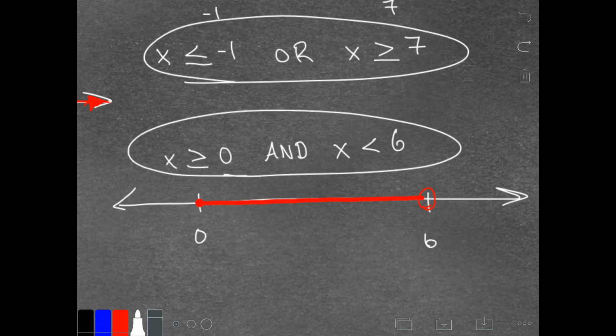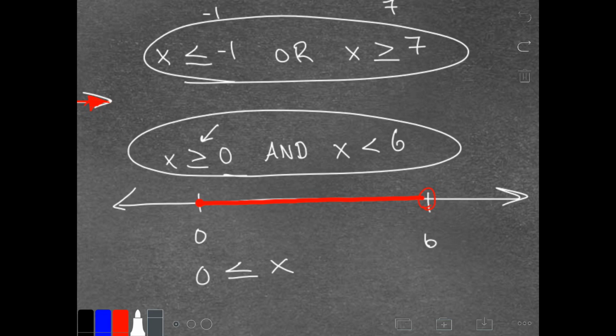Now I could leave my answer as this, but sometimes your teacher might want you to write one long compound inequality. So how would we do that? We're going to start with the smaller of the numbers, 0. And we're going to write the symbol that goes with the 0, less than or equal to my variable, x.